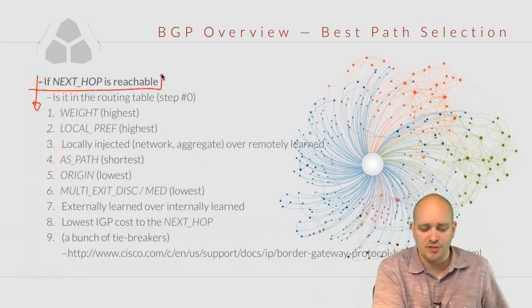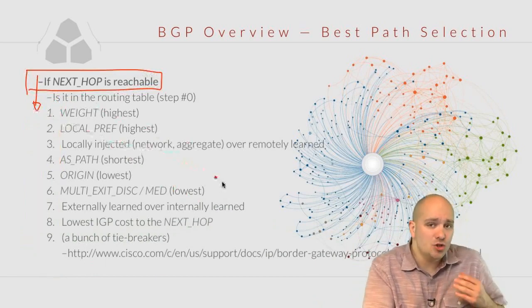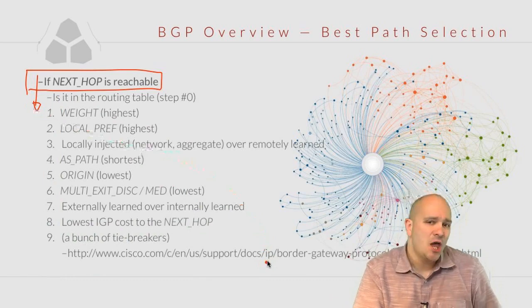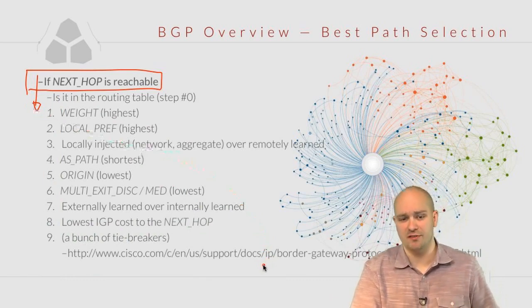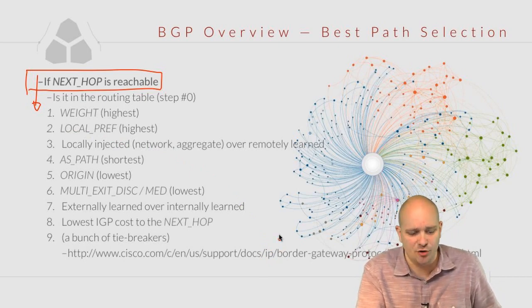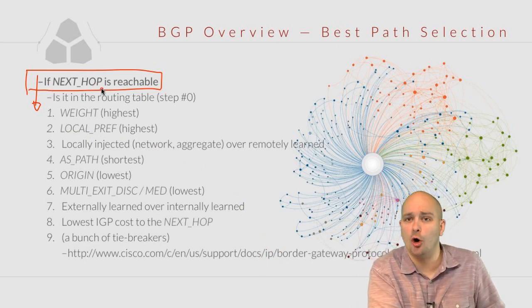The first thing that I'm going to say is that it is not officially part of the BGP best path selection process, but it is going to be the first thing that is considered. I sometimes call this step 0. Is the next hop reachable?